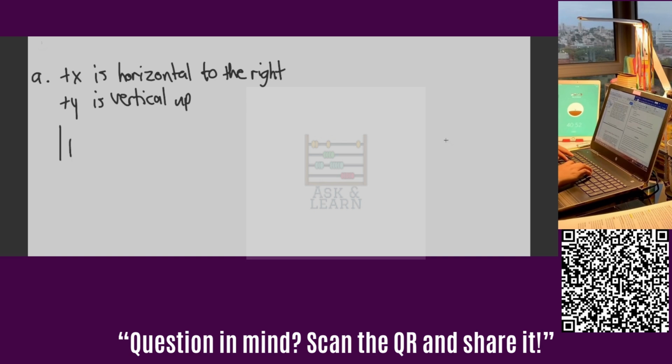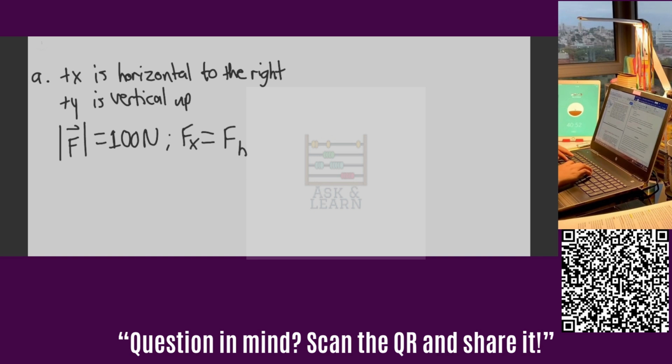We know that the magnitude of the applied force is 100 newtons, and so we can say that the x component of this force, which in the textbook is denoted as F sub h. F sub h simply means the horizontal force, so h just stands for horizontal. I would say it's better to denote it as F sub x because x is referring to the Cartesian axes and not simply just horizontal or vertical.